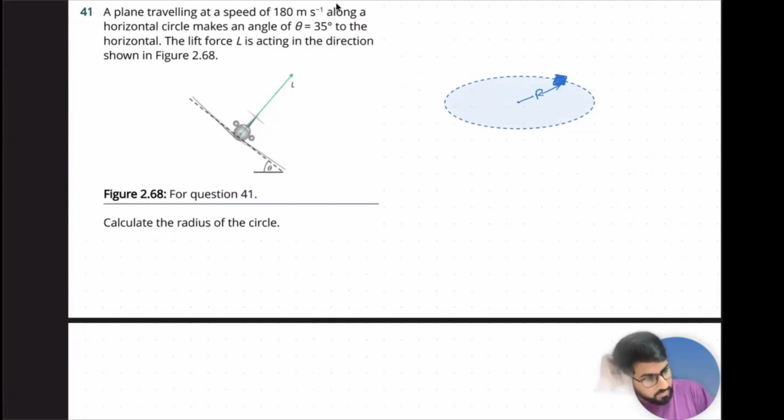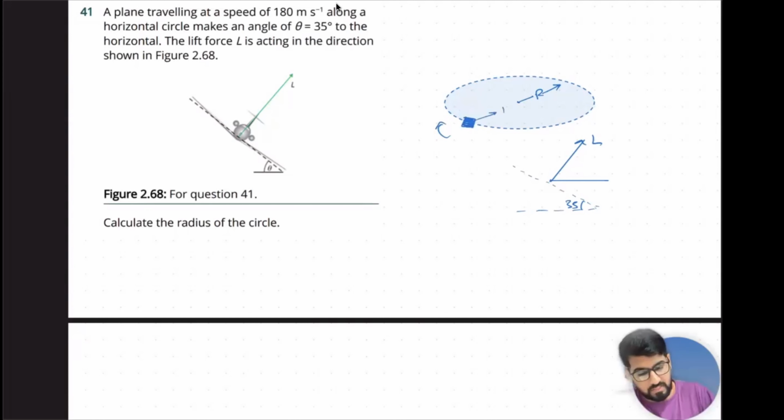Now, if I want to draw the free body diagram at this point, L is acting in this direction, which is perpendicular to the plane, and this is given as 35 degree. The component of this force acting towards the center will be the centripetal force. It is rotating like this.